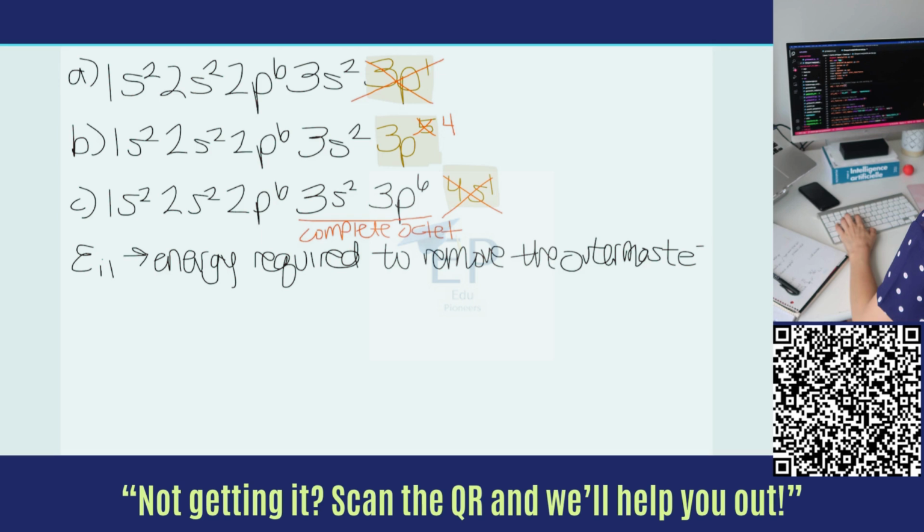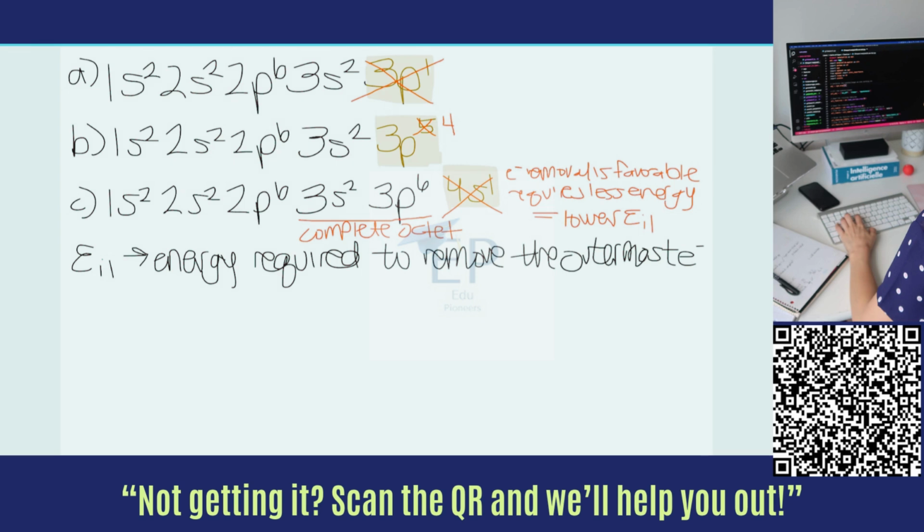Since the electron removal is favorable, it requires less energy, which means it requires a lower ionization energy 1.